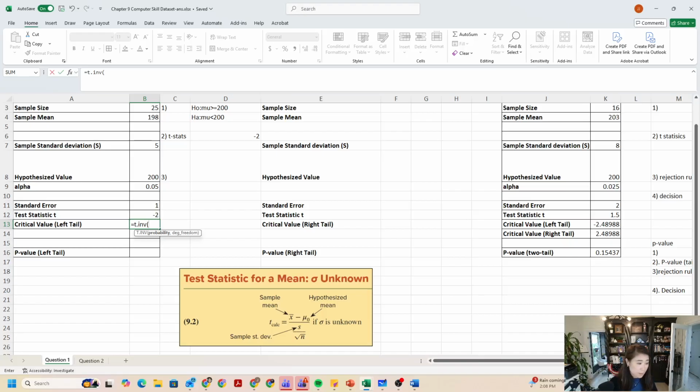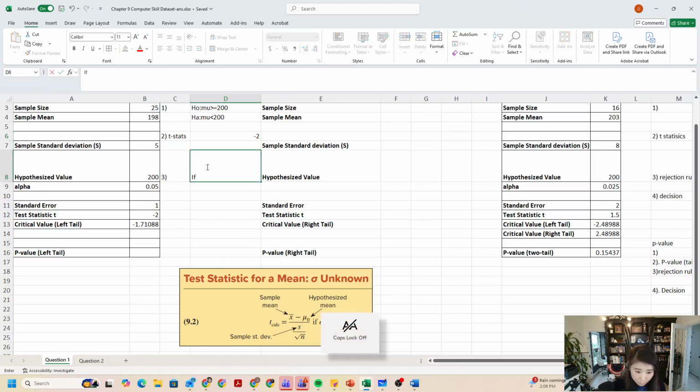The probability we use is alpha, which in this case is 0.05, and the degrees of freedom is equal to the sample size minus 1. Close the parentheses and push enter. That will give you the critical value, negative 1.71.